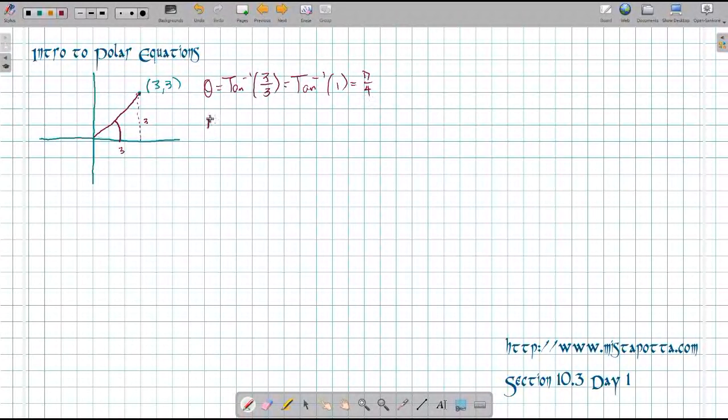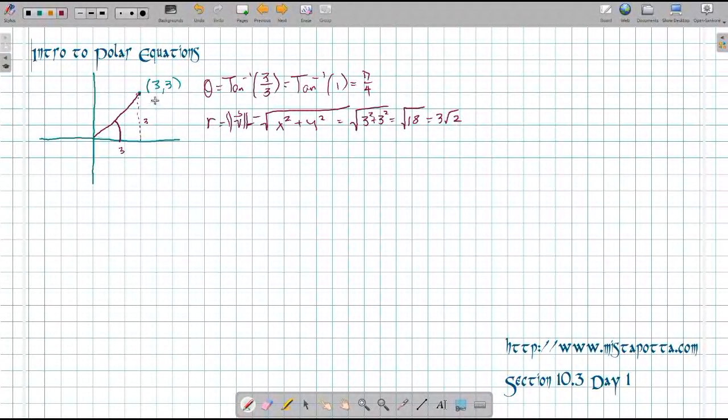And if I wanted to determine the radius, this really is the same as the magnitude of the vectors that we were talking about last time. So this is the square root of x squared plus y squared. So for us, it's the square root of 3 squared plus 3 squared, which is radical 18, which is 3 radical 2.